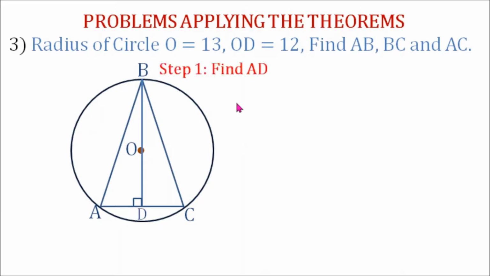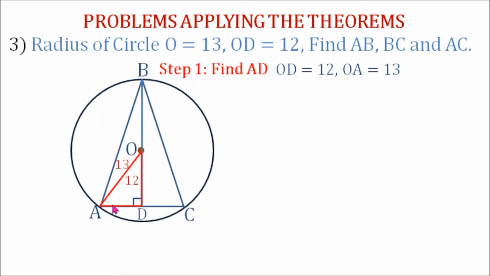So our first step is to find AD. So we have a right triangle here. OD equals 12. Then since our radius is 13, OA is a radius, so that's 13.